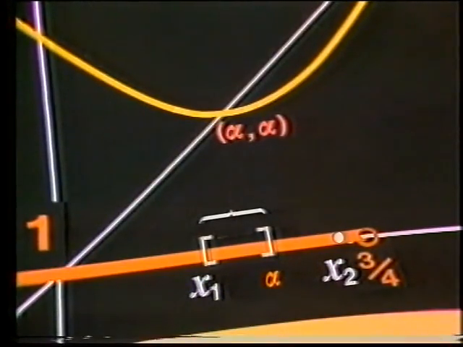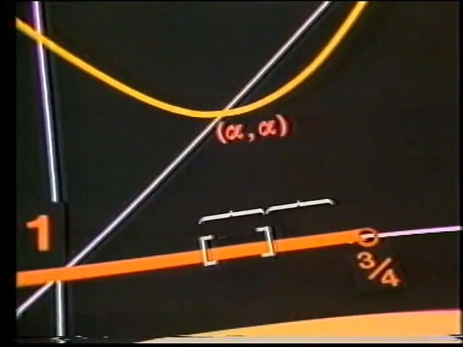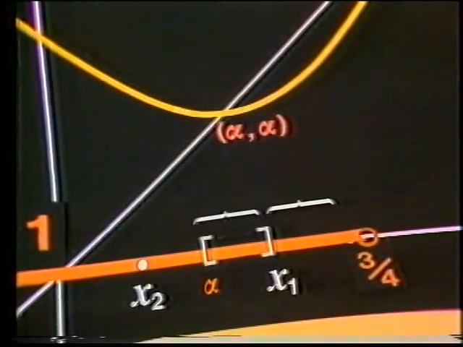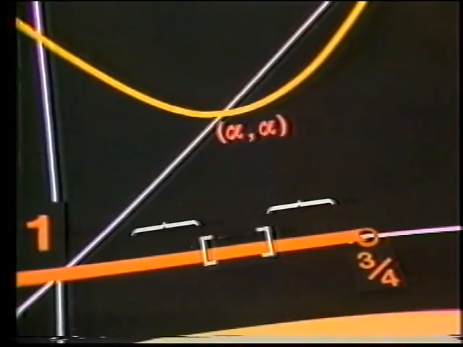And that'll be okay if we have an equal amount of space on the other side of alpha. On the other hand, alpha might be at this end, and we might start at the other. So we need the same amount of room on the other side. So we need a small interval containing alpha, which has an equal amount of elbow room on either side within the big interval. If we start inside an interval like that, we're bound to get convergence.